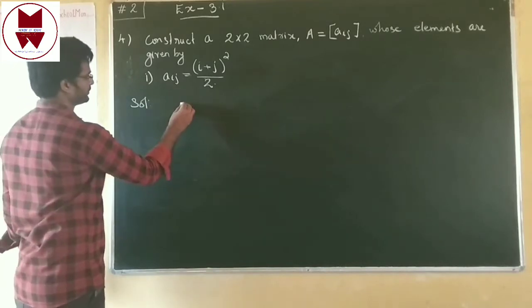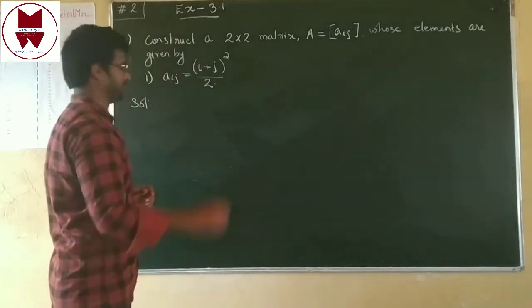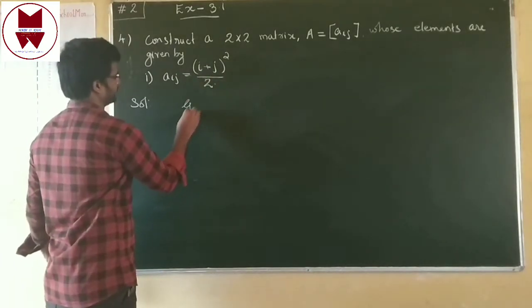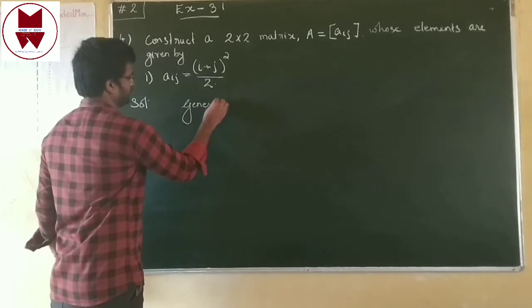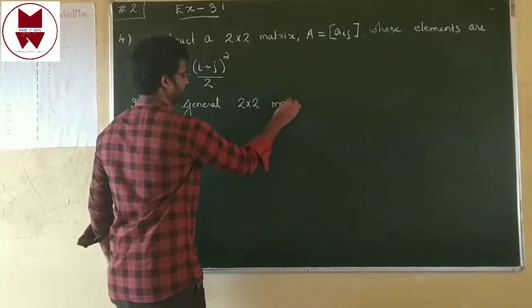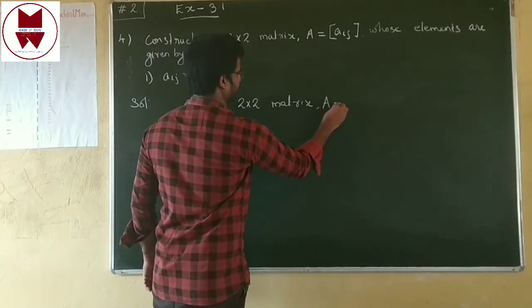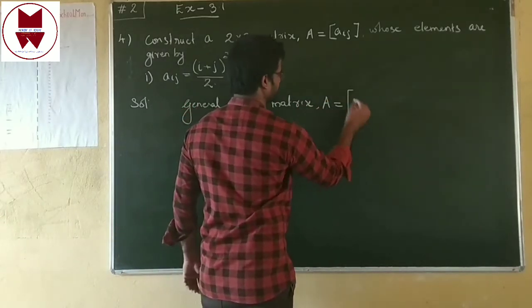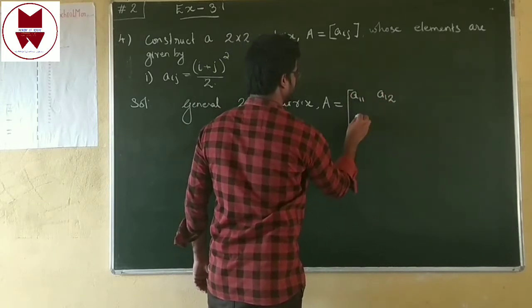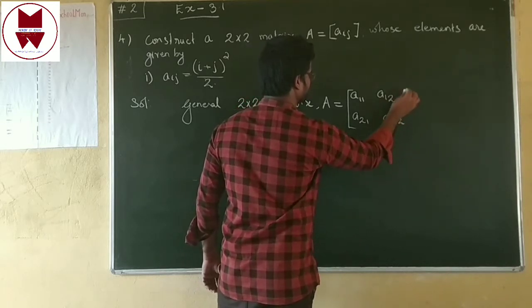Solution. First we have to write the 2 by 2 matrix general form. You can give it one name, A equal to A11, A12, A21, A22.